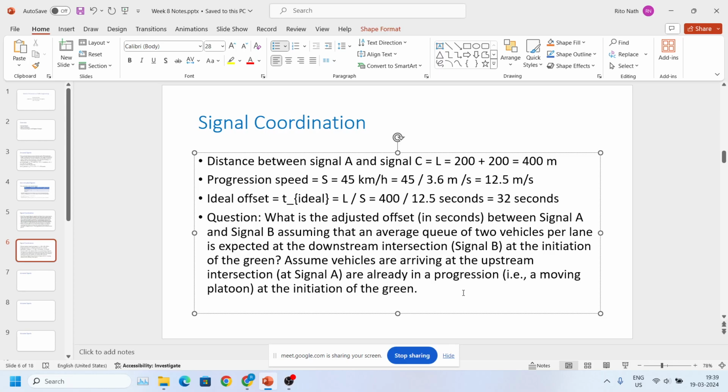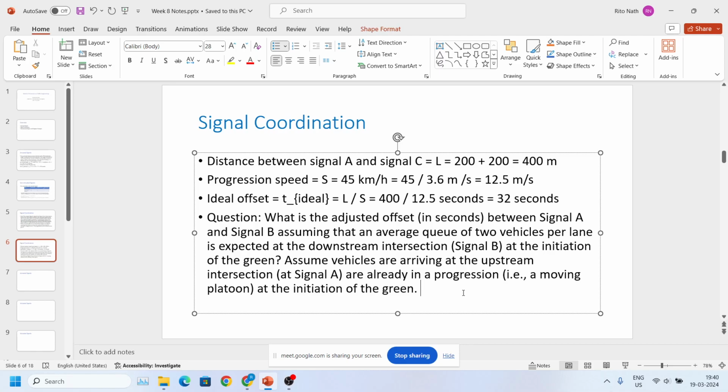So basically you have the T ideal right now. You have to find the T adjusted. For that also you have a formula, but here it's not between the same signals A and C. Here it's between A and B, and you have to again calculate the distances between them. So that's the modified L for this problem, and S is something that you already know from the previous problem itself. And then you need to take some additional things into account.